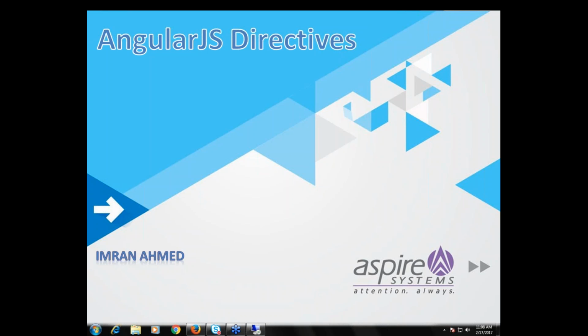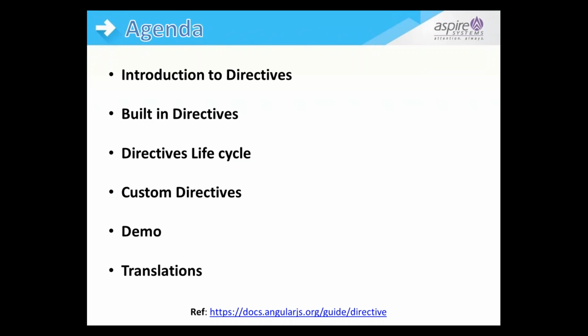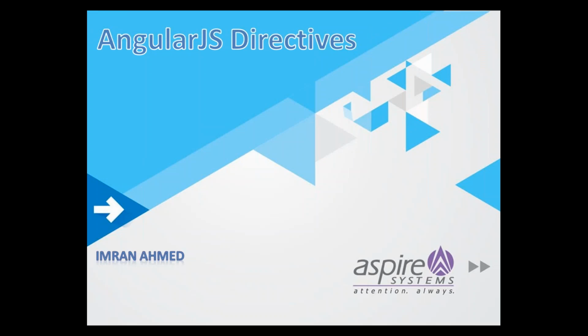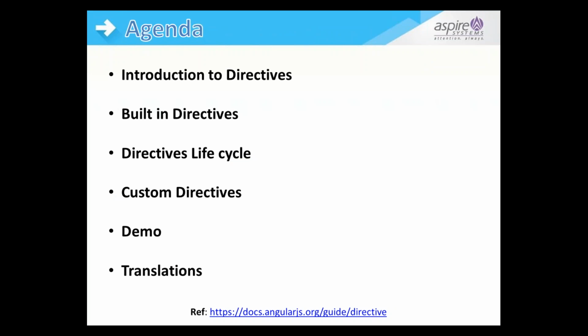So the agenda of today is going to be a brief introduction about directives. What's a directive? What is its structure? How does a directive work? Its life cycle. Then we are going to see the two different types of directives.